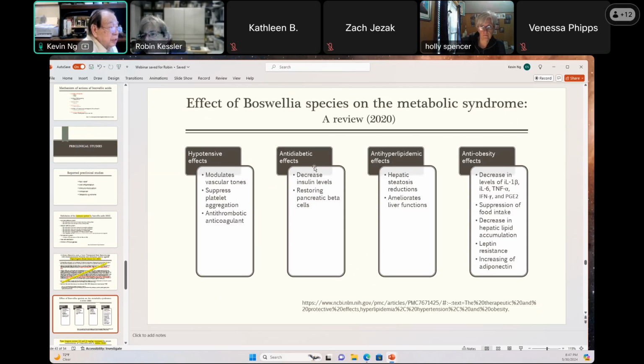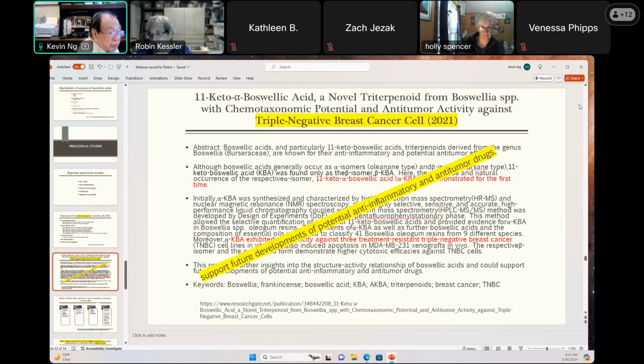A lot of people didn't know about this, but when I look into the literature, there is a lot of potential there. The Boswellic acid, if used properly and if it's absorbed properly, has the property to bring down your body weight. And the nutraceutical companies are very excited about this.